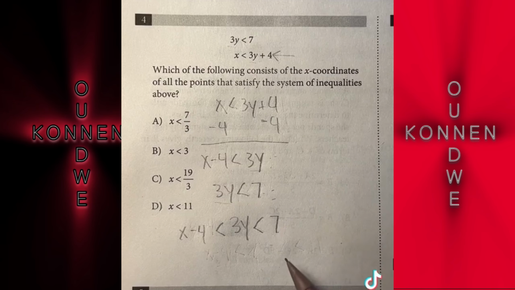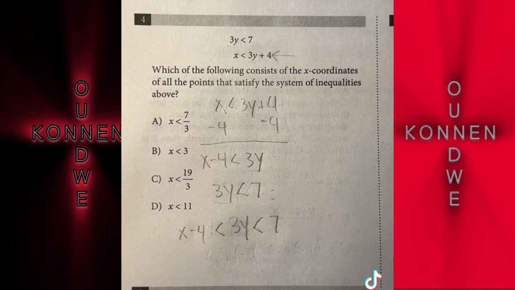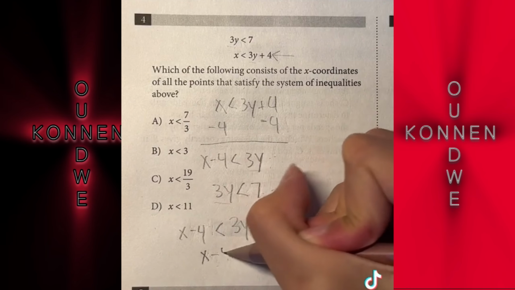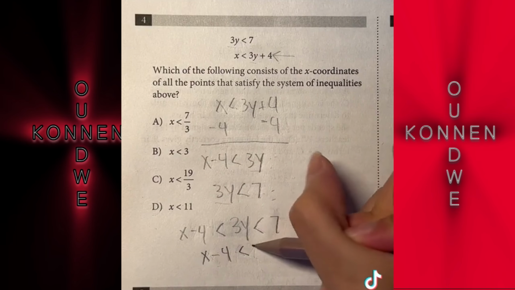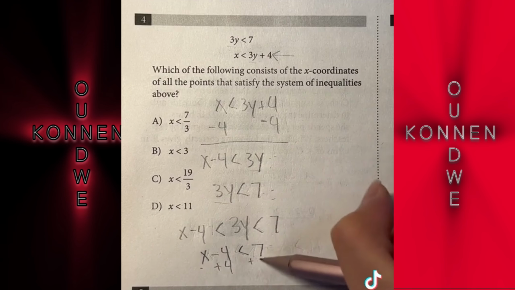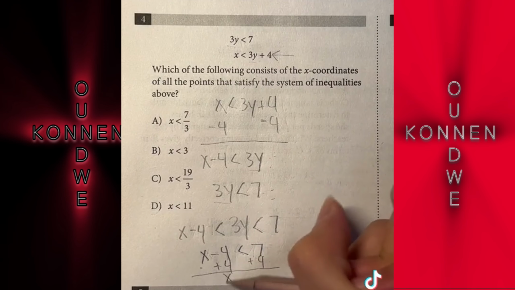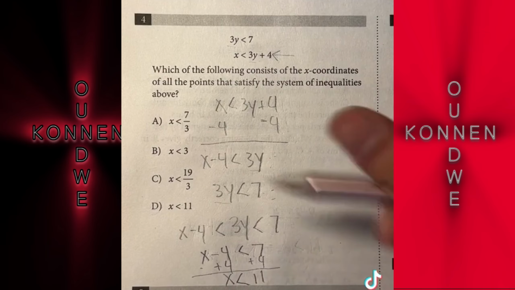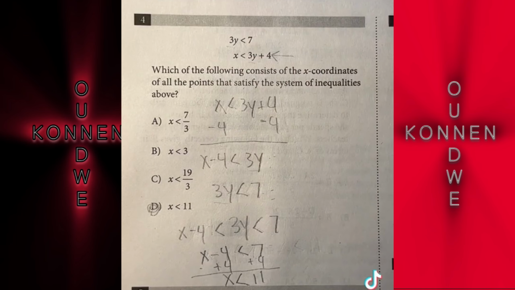And from this compound inequality, we could reasonably infer that x minus 4 would have to be less than 7. And now to isolate x, we would add 4 on both sides. That would give us x is less than 11. So D is the answer.